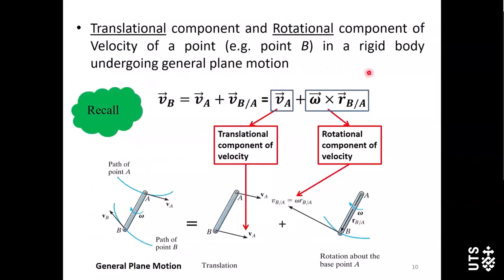So, in this equation for relative velocity analysis, if we take point A as the base point, then the velocity of point B has two components. One is the translation component of this velocity, which is equal to vA, and another one is the rotational component of velocity. This is vBA.